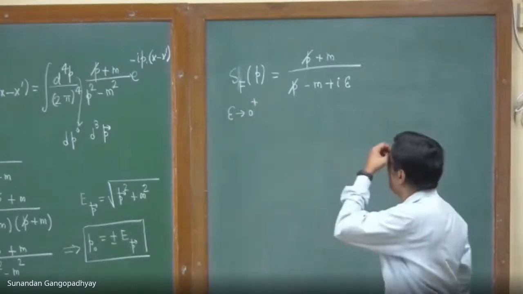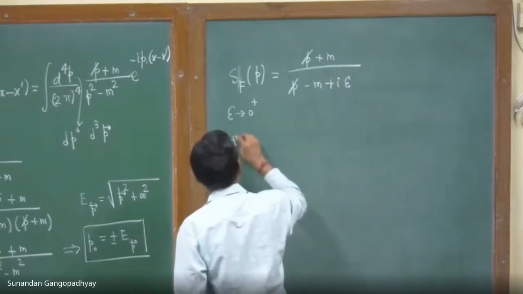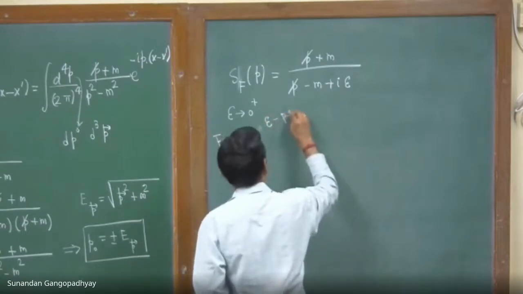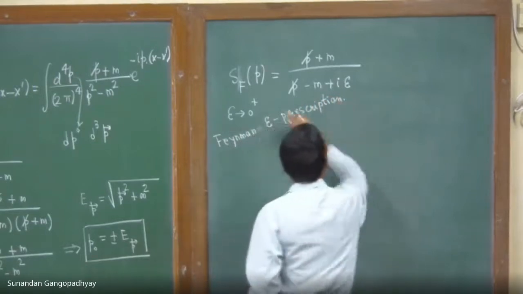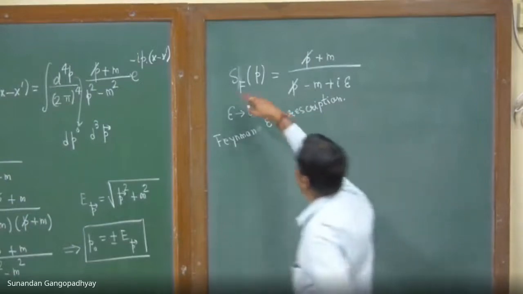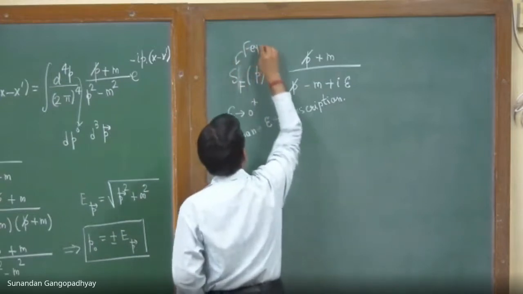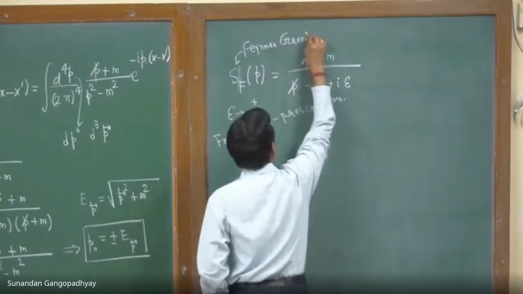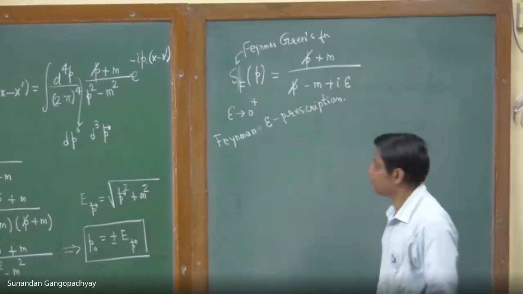So this is the standard Feynman epsilon prescription that we had also employed in the case of propagators for real scalar fields. This is for the Feynman Green's function in momentum space.